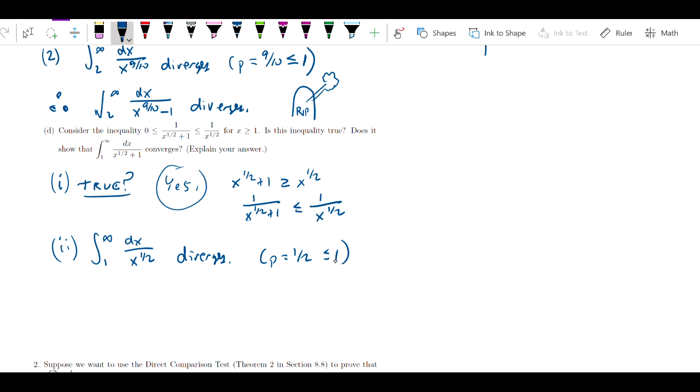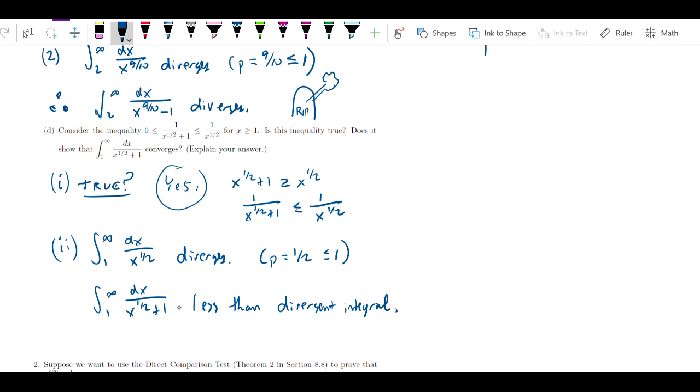And 1/2 is less than or equal to 1, so we know that this integral diverges. So all we've shown really is that the integral from 1 to infinity of dx over x to the 1/2 plus 1 is less than, or sorry, I shouldn't say it's less than an integral that adds up to infinity. It's less than a divergent integral. That's a better way of saying it.